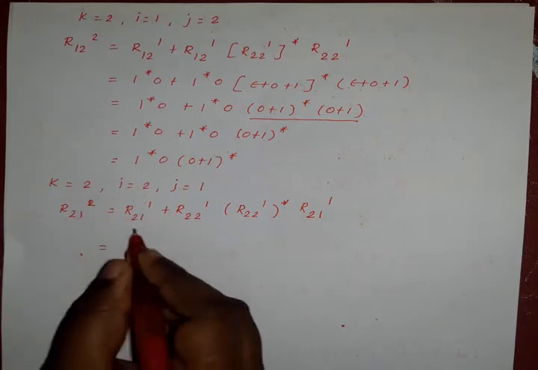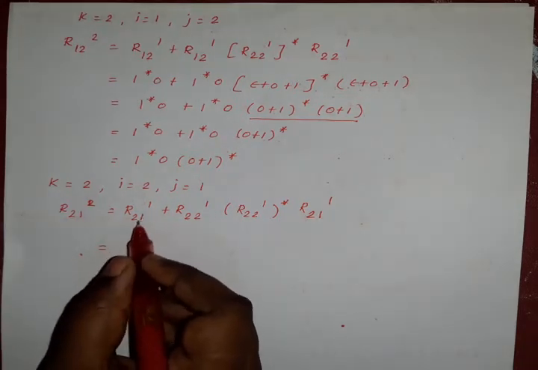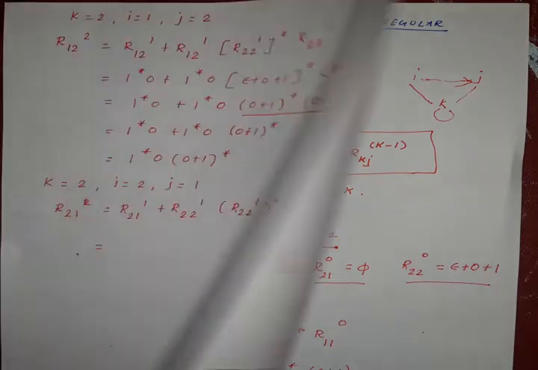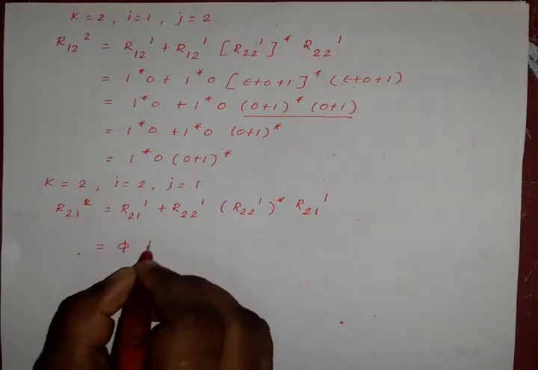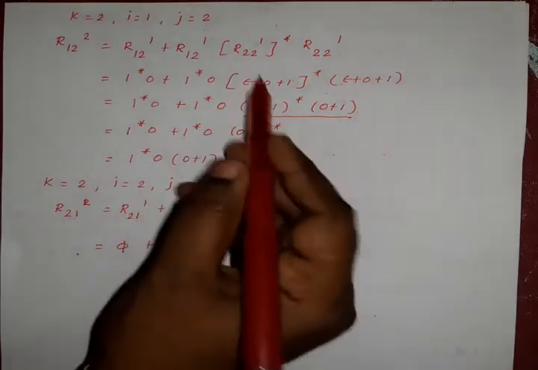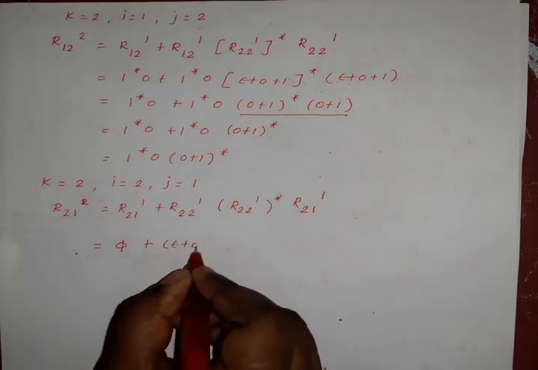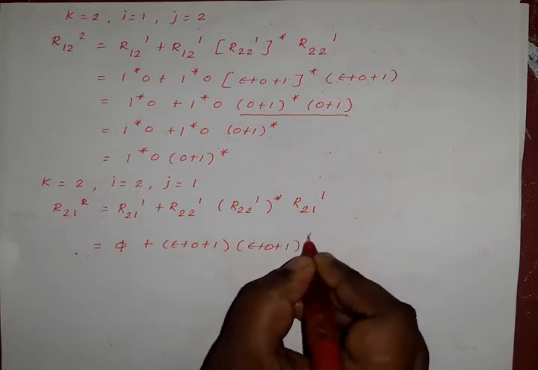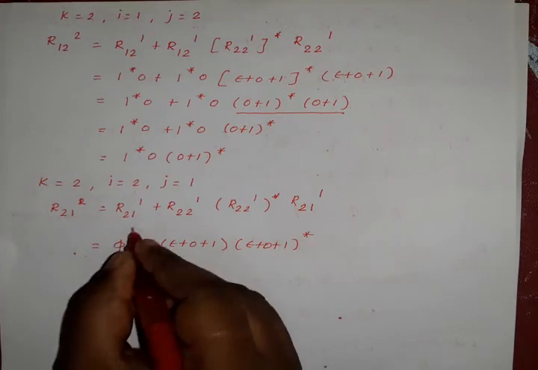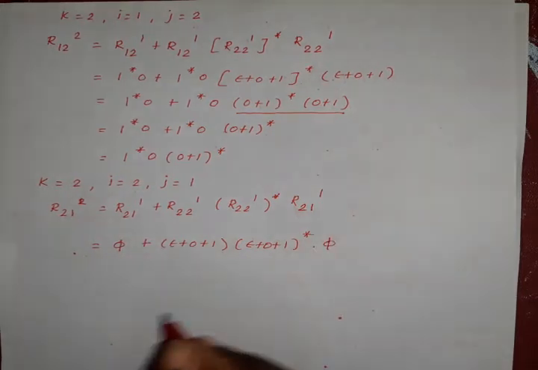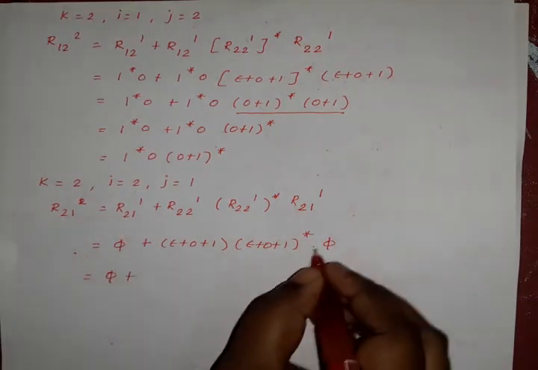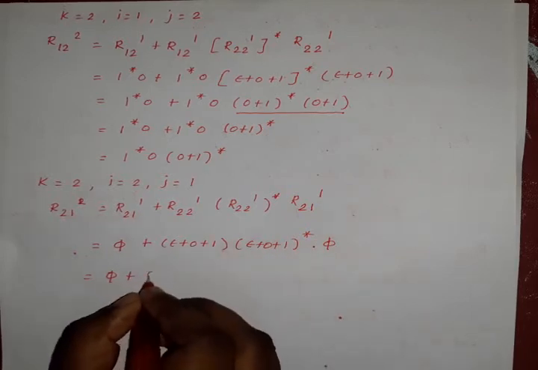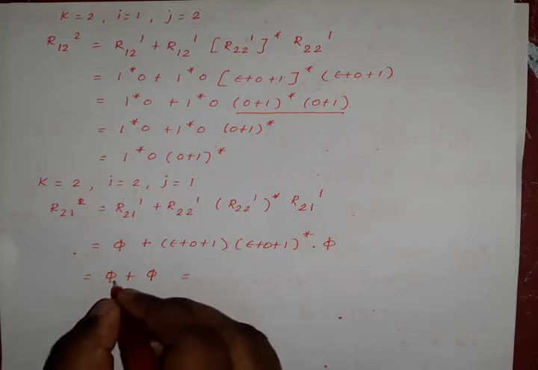So substitute R21 power 1 value is phi, plus R22 power 1 value is epsilon plus 0 plus 1, and the same value epsilon plus 0 plus 1 the whole star, and R21 power 1 value is already written phi. So phi is multiplied with these terms, so the result is phi, and phi is added with phi, so the result is phi.